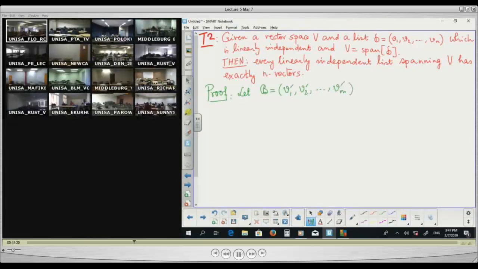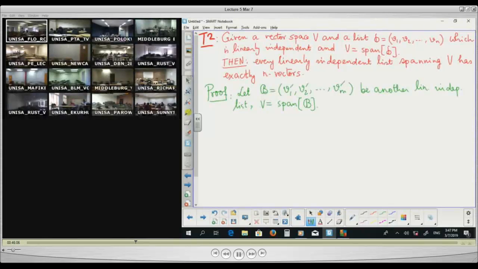Independent list and spanning V. What do I do? So in particular, all of these vectors V1, V2, Vn is a linear combination of these primes, and the reverse.